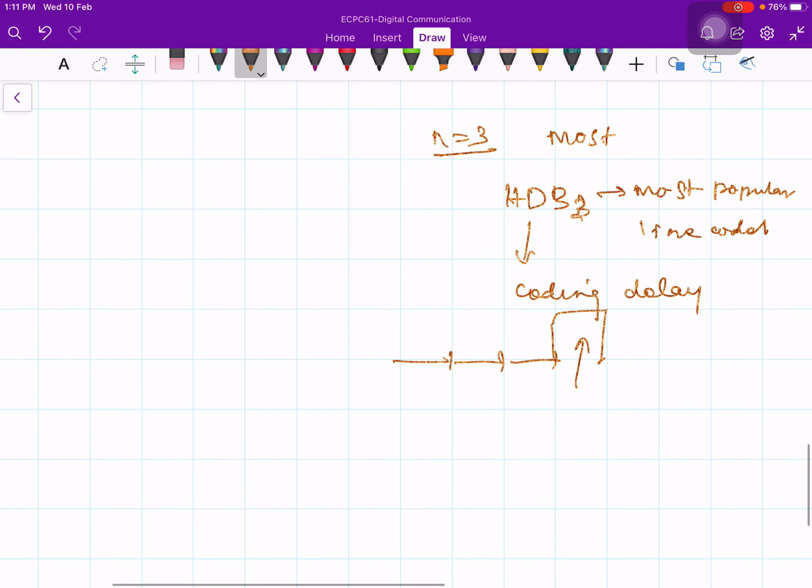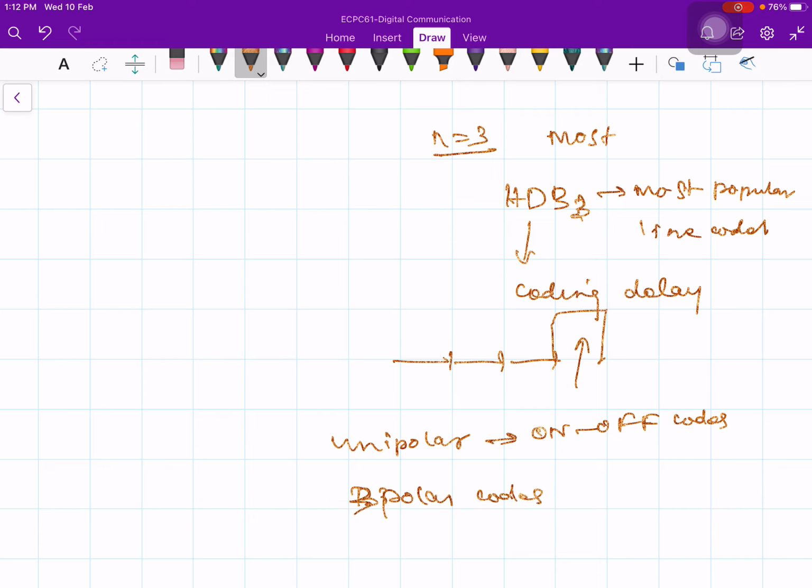We started with the unipolar codes, which are also called on-off codes, and then we discussed polar codes in the last lecture, and in this lecture we discussed bipolar codes. In the bipolar codes, the two examples are the AMI code and the HDB code.